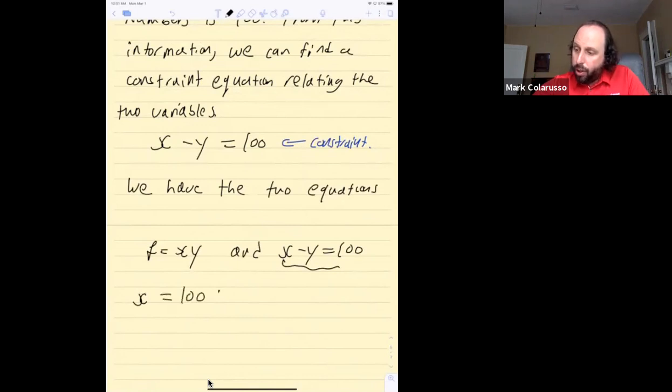X is 100 plus y, right? If you just rearrange this constraint equation, we can solve for x in terms of y. This expression for x can then be substituted into the function of the product, which is a function of two variables, to get an expression for the product that only involves the variable y.